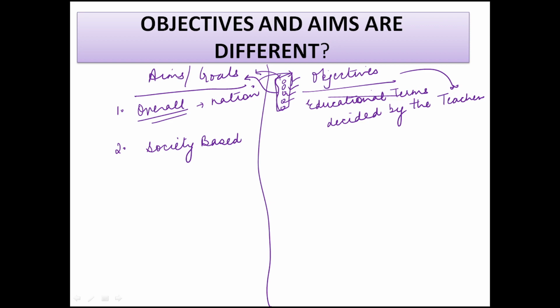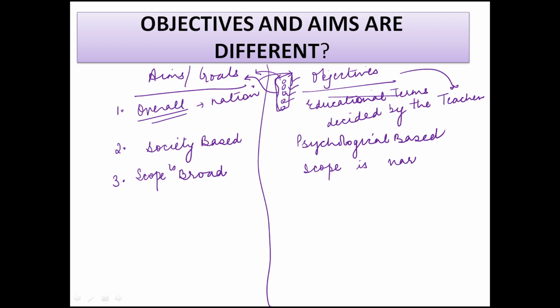And the objectives in teaching are psychological, they are based on psychology. Third, as I told you earlier, the scope of goals is very broad. Here the scope is narrow, limited only to the schools.